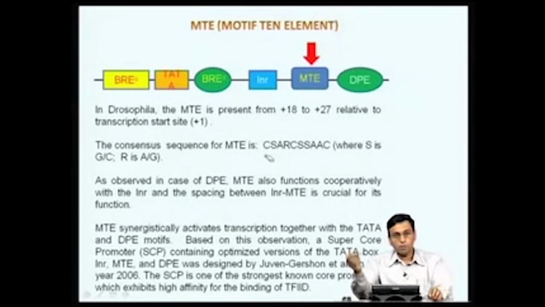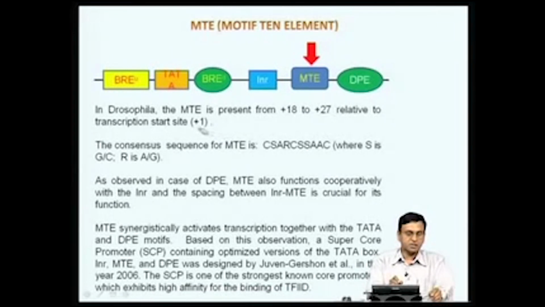Now, another important core promoter element which has been discovered is known as the MTE, or motif ten element. Again, this was first discovered in Drosophila, and the MTE is present from +18 to +27 relative to the transcription start site.